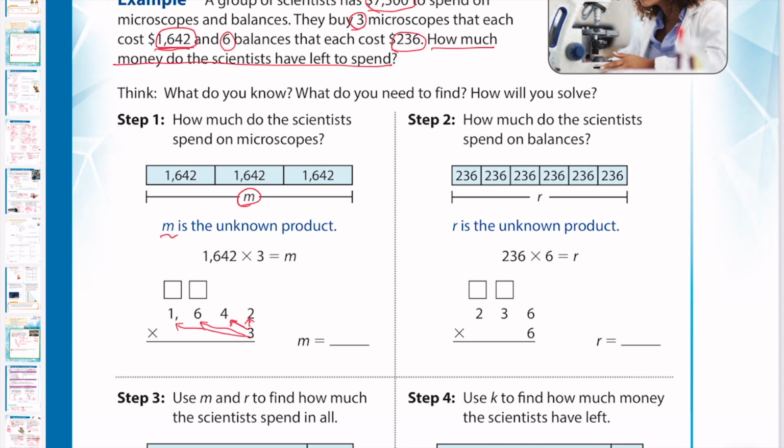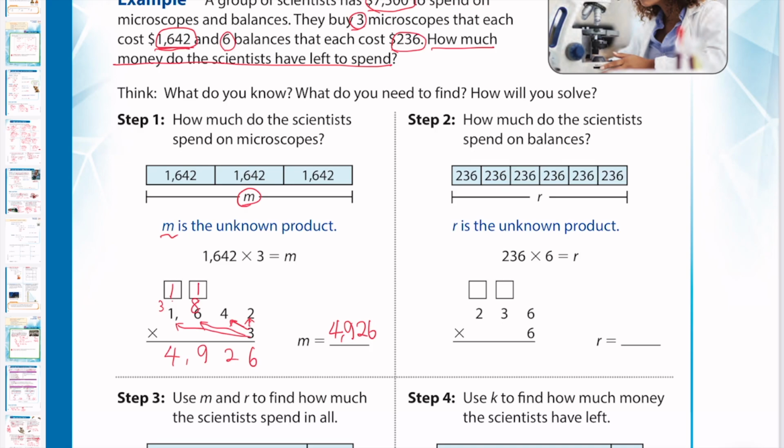All right, 3 times 2, 6. 4 times 3, 12, carry 1 up here on hundreds place, right? And 6 times 3, 18, which means what? 9. And 3 times 1 is 3. 3 plus 1 is what? 4. So M, which is how much they spend on 3 microscopes, $4,926, right?